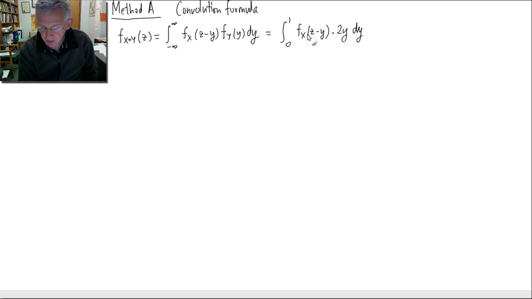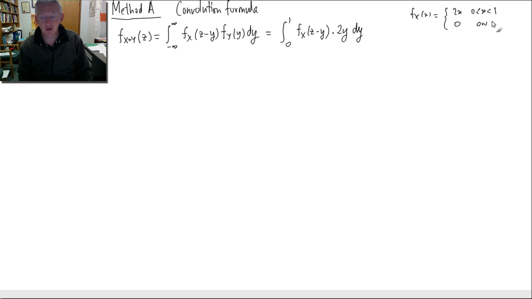Now I need to do something with this. And this is where it's critically important that you remember that the density of x is not equal to 2x everywhere. It's only equal to 2x between 0 and 1. So we've been told that the PDF of x is equal to, now let's just emphasize it, it's 2x for x values between 0 and 1, and it's 0 otherwise.